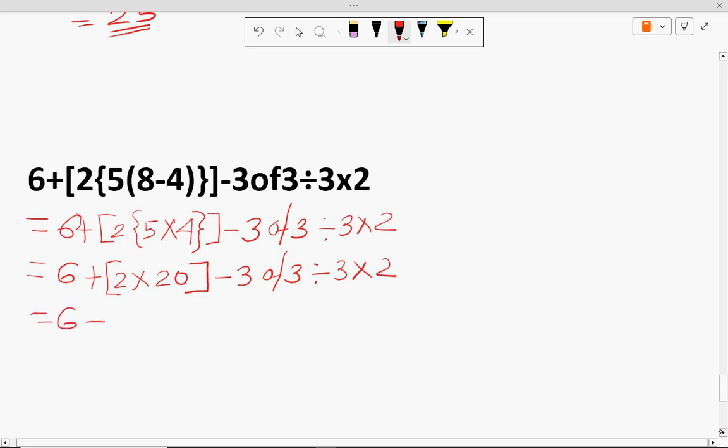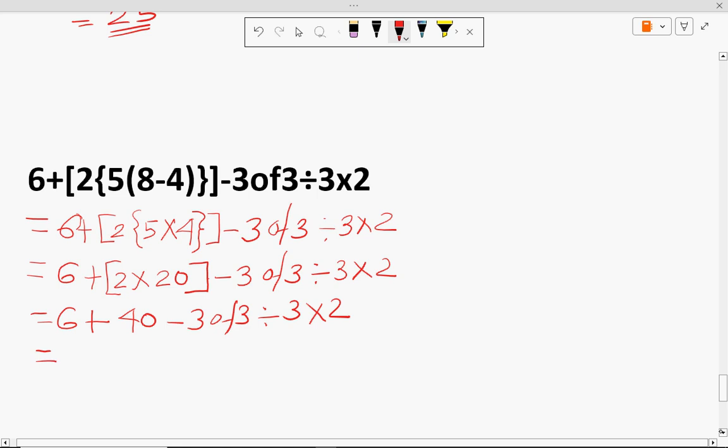Now we'll get rid of brackets, so 20 into 2 is 40, minus 3 of 3 divided by 3 into 2.